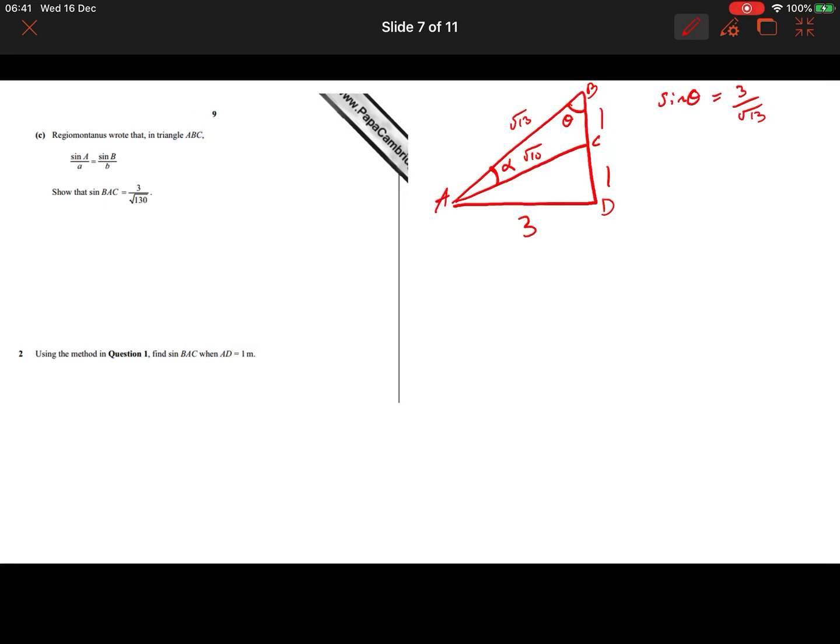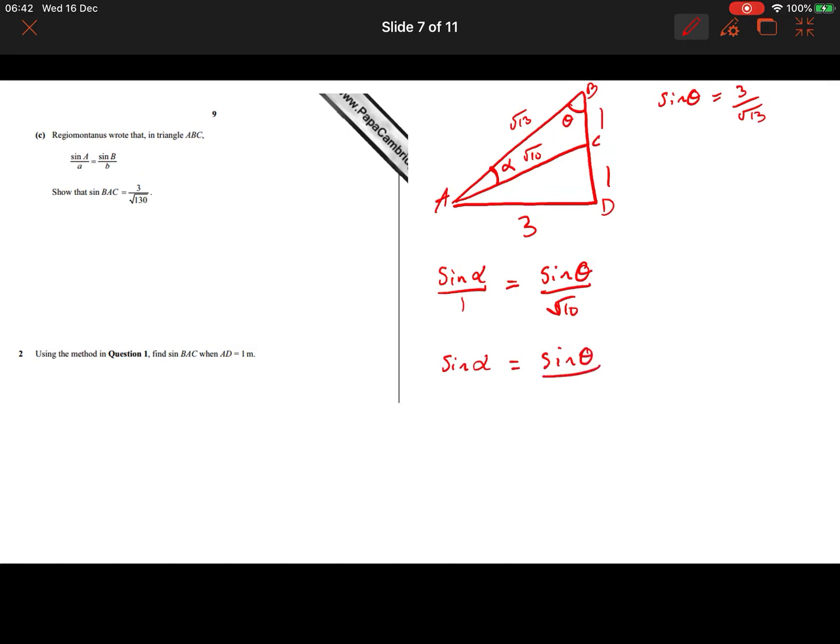Let's just call that alpha. We can call it whatever we like. Then we can say that sine alpha over 1 is equal to sine theta over root 10. That's just applying the sine rule, which we use for non-right angled triangles, which ABC is.